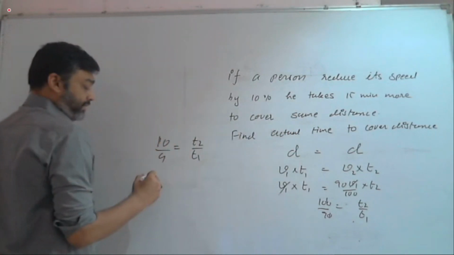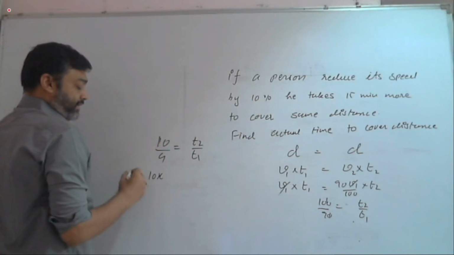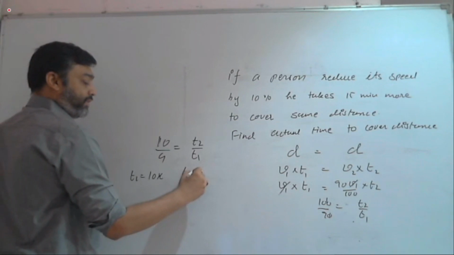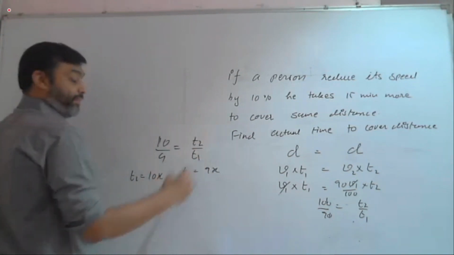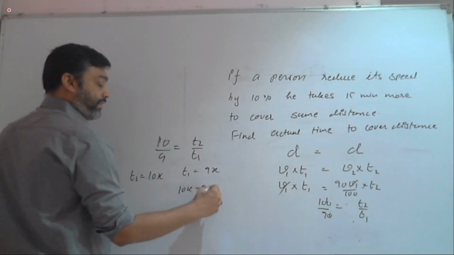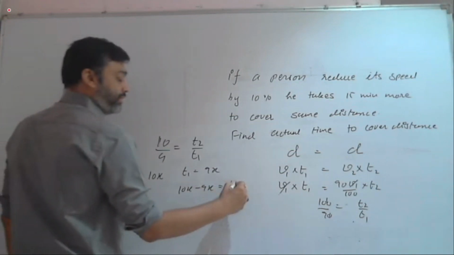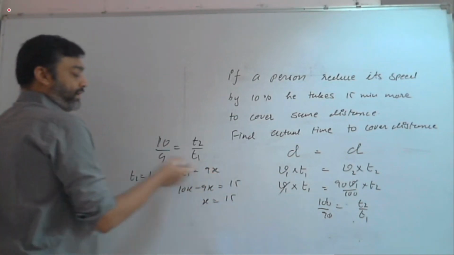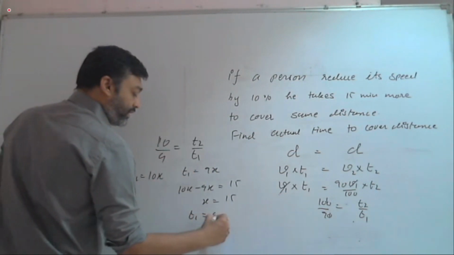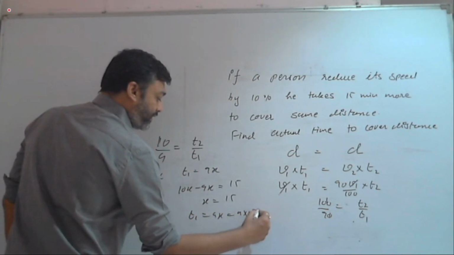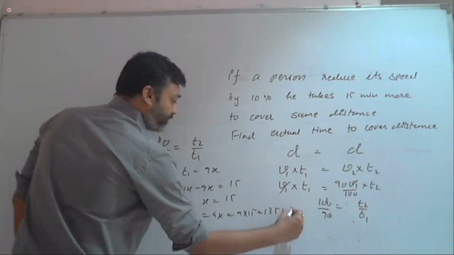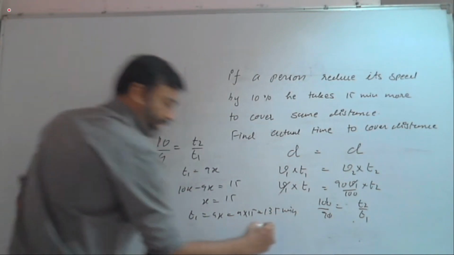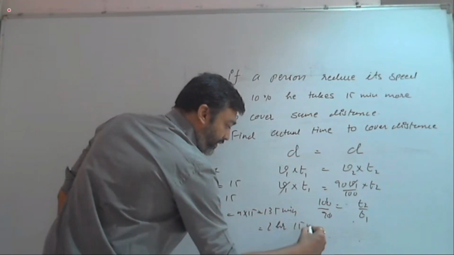So let me assume that T2 is 10x and T1 is therefore 9x, and the time difference means 10x minus 9x is equal to 15. So x equals 15. You have to find T1, so T1 equals 9x. So 9 into 15 is 135 minutes. So he is right: 2 hours 15 minutes.